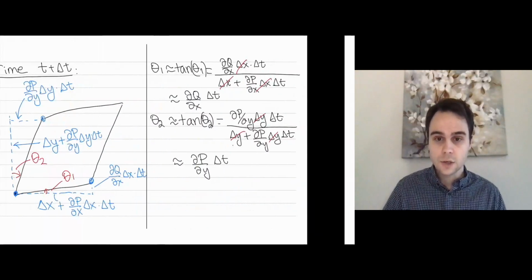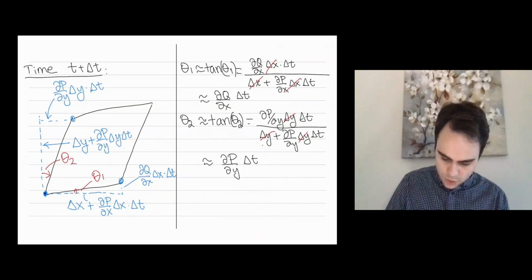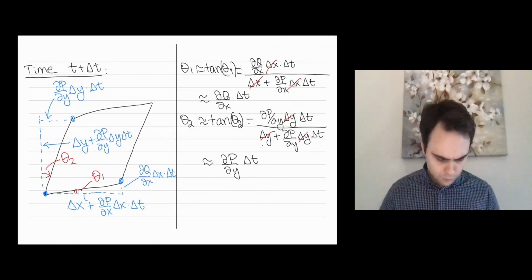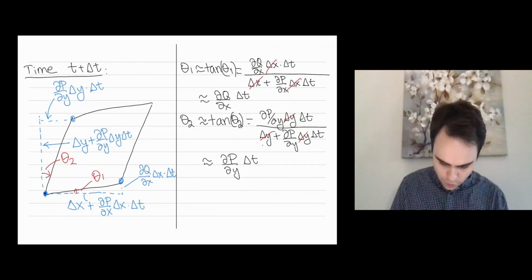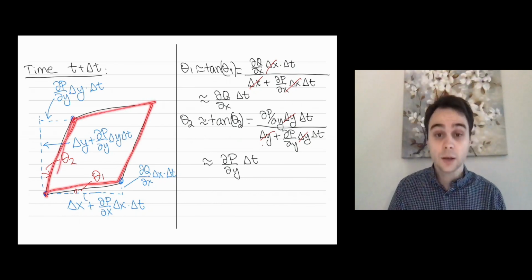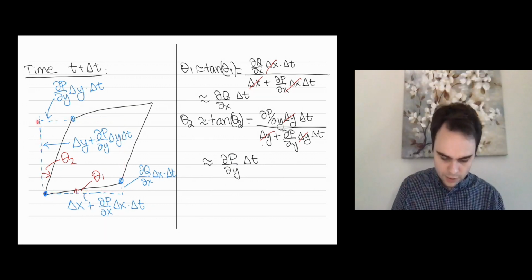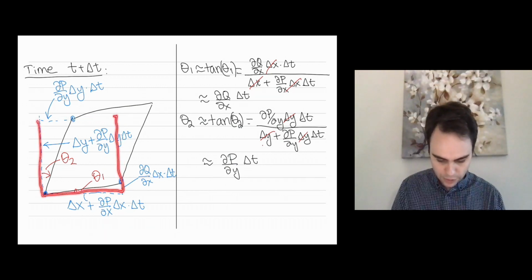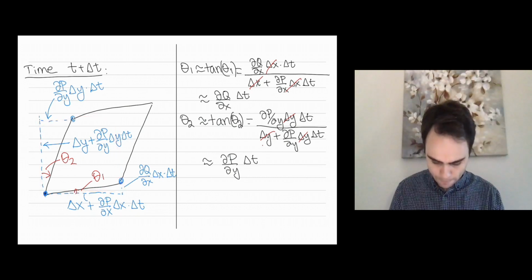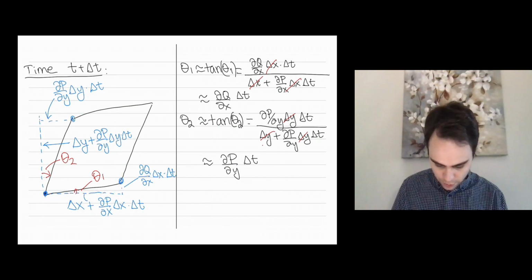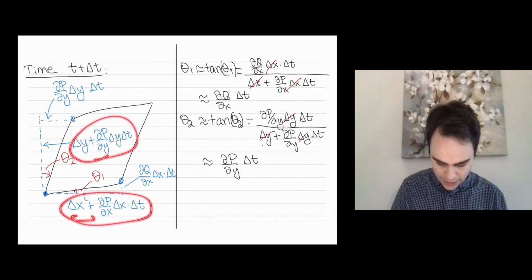Let's see. Here's what I'm going to do. I'm going to say that the area of this curved shape, of this parallelogram, is approximately the area of this rectangle over here. Right? That's an okay approximation, to first order approximation, right? And then the area of this rectangle is easy. It's just the length of the base times the height.